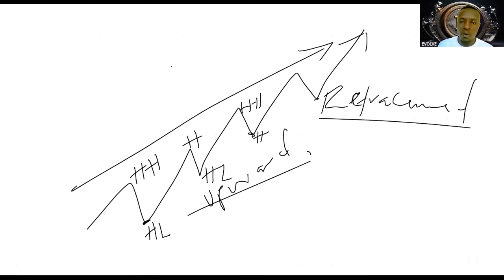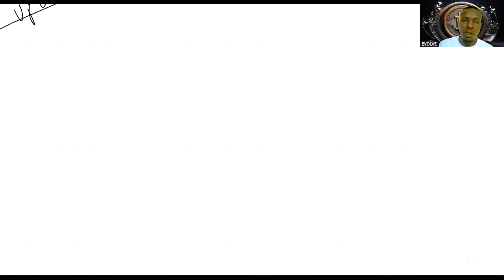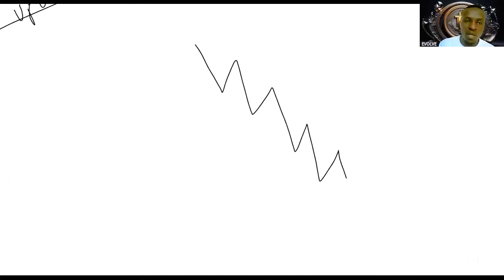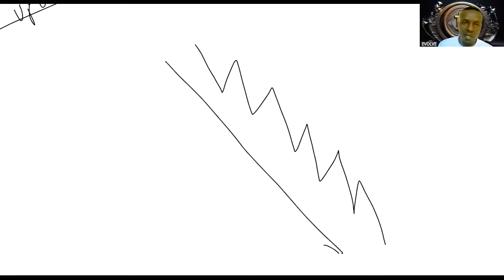Then we have another trend, a downward trend. A downward trend is when you look at the market and generally it is going down. However, it doesn't go down straight like this line here.